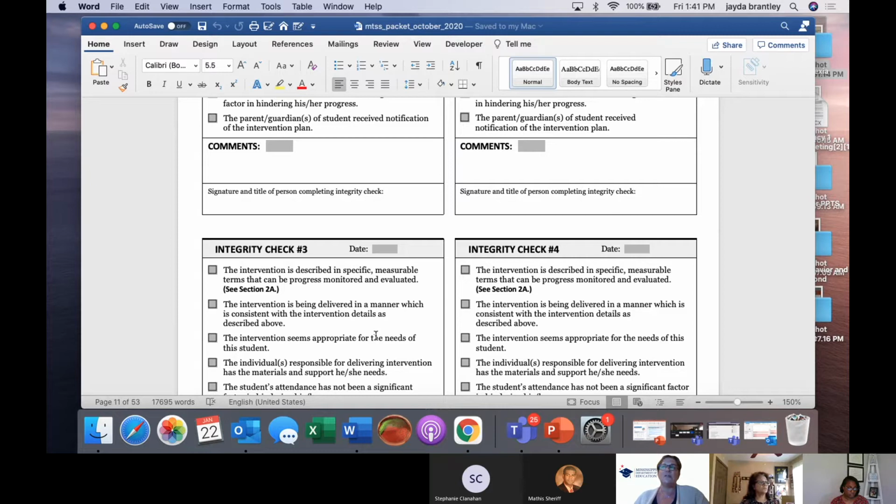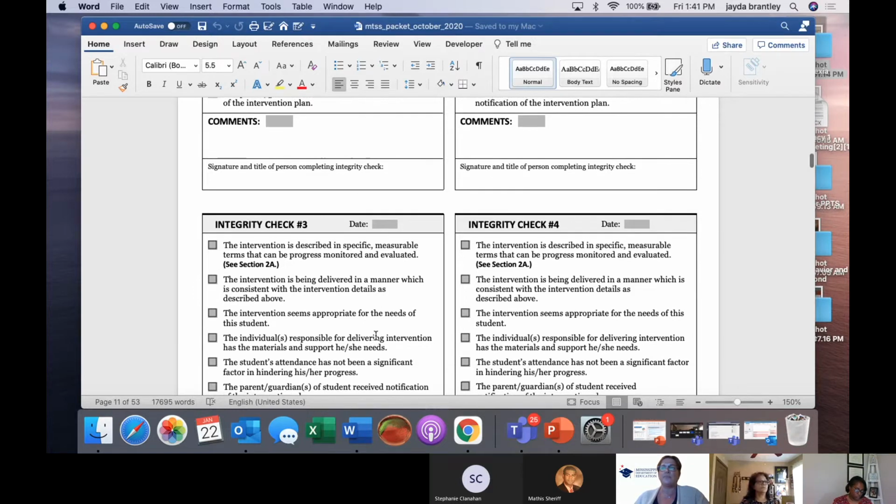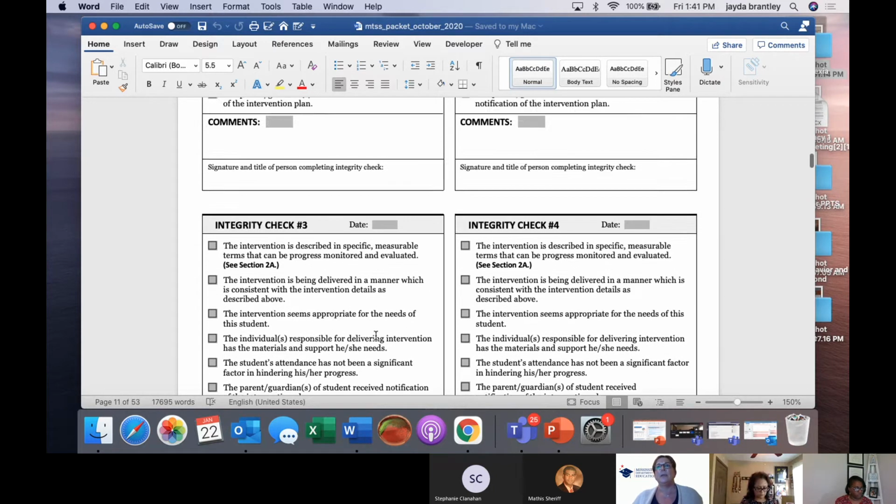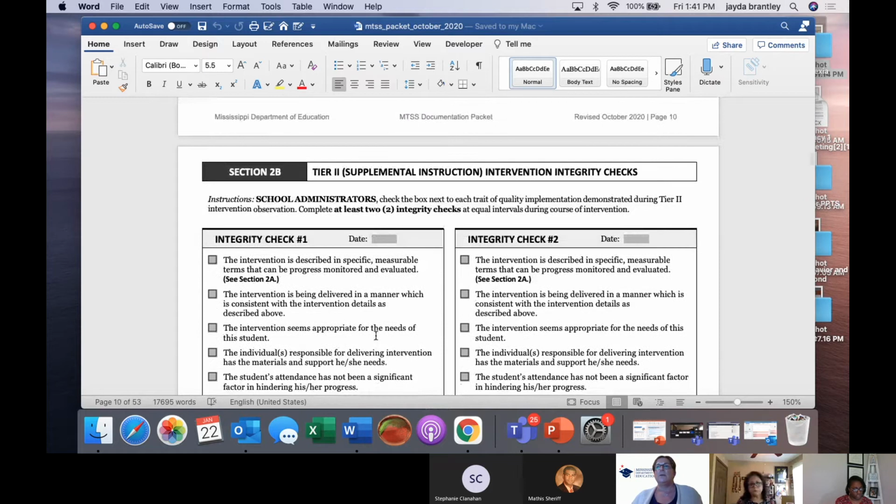So it's not that you have to see the teacher providing the intervention to that particular student, but maybe she pulled a group and Chance was absent, but she sees that the teacher's really carrying out the intervention with fidelity and integrity. She can complete it for him too and go ahead and put that in the file. So the administrators are the ones to do the integrity checks as well as the Tier 1 sheet.